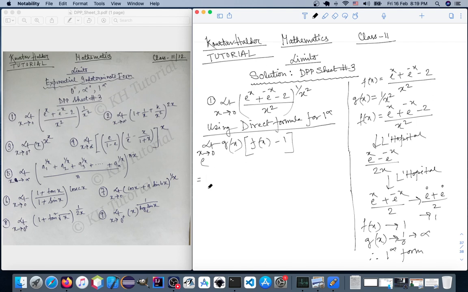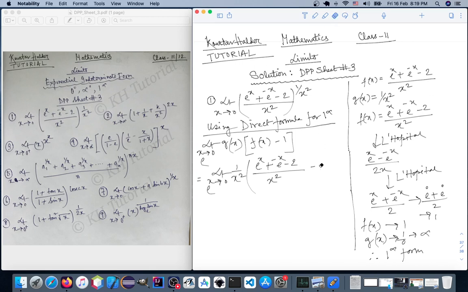So we have limit x tends to 0, 1 by x square times ((e to the power x plus e to the power minus x minus 2) by x square minus 1).